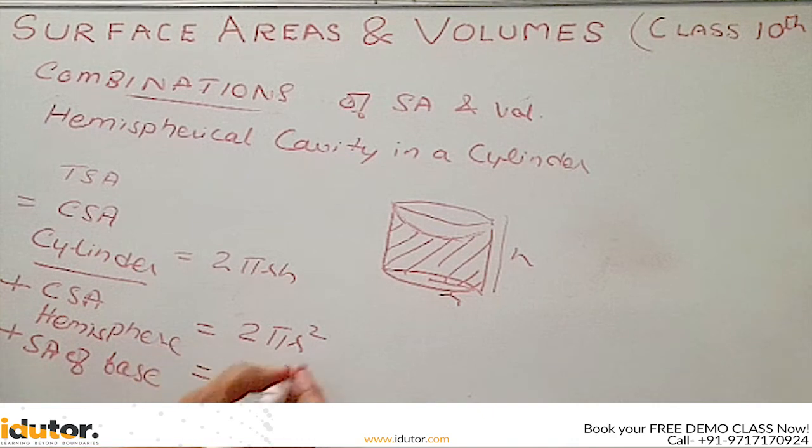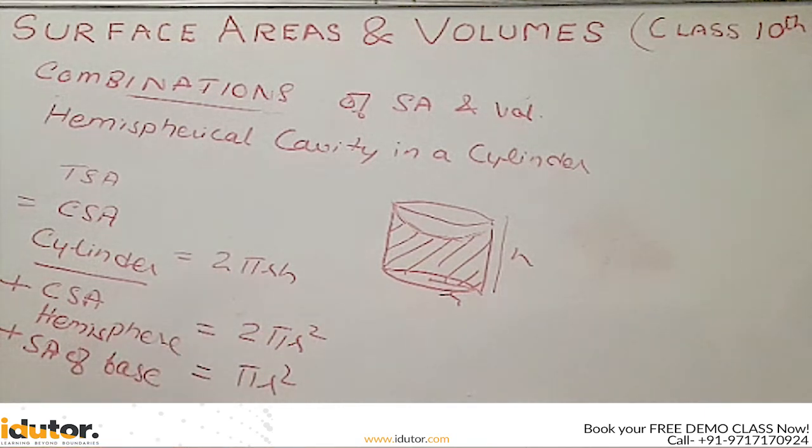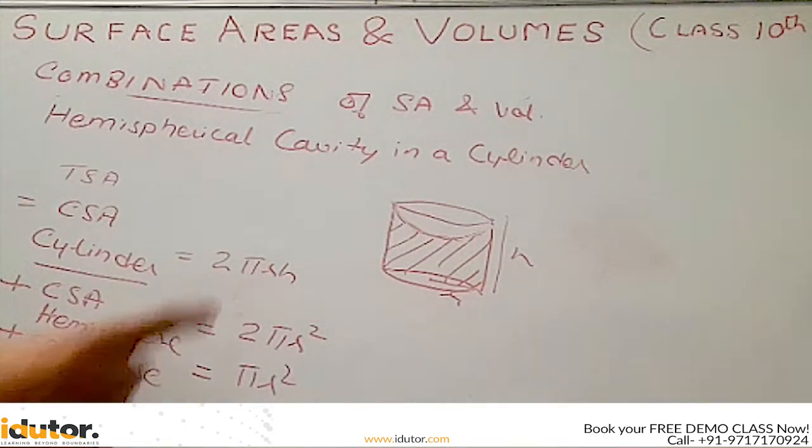You know the circular part, whose area is that of a circle only. The circular part is pi R square. So we can add them together and get the total value of this cylindrical part where a hemispherical cavity has been taken out from here. So we have to add them together.